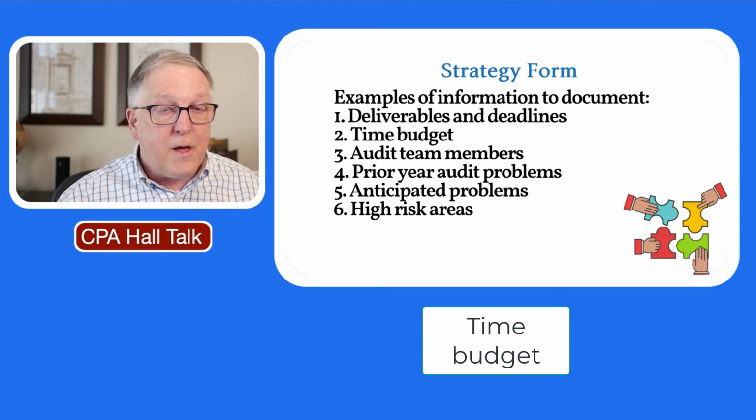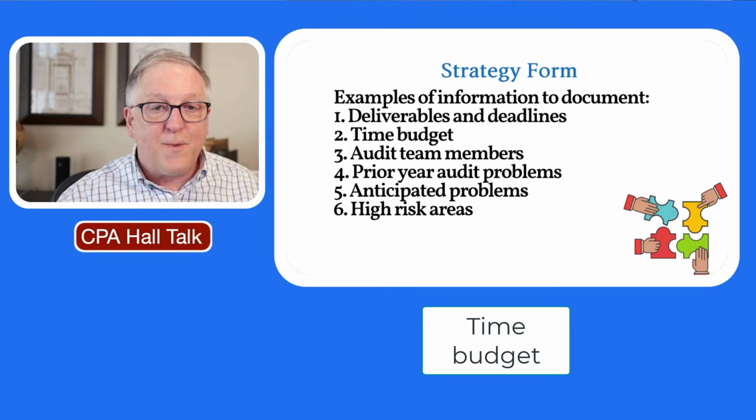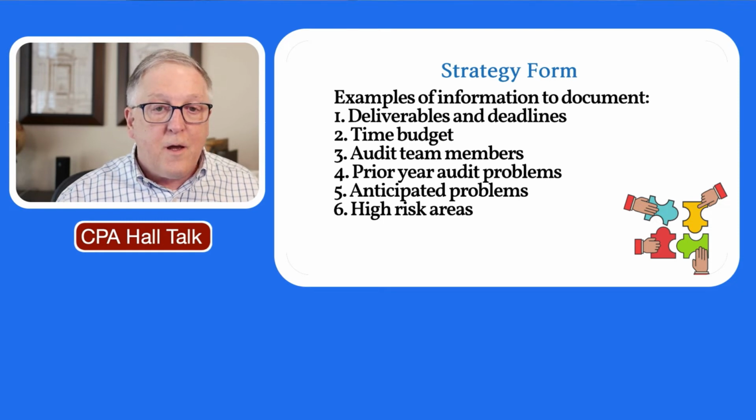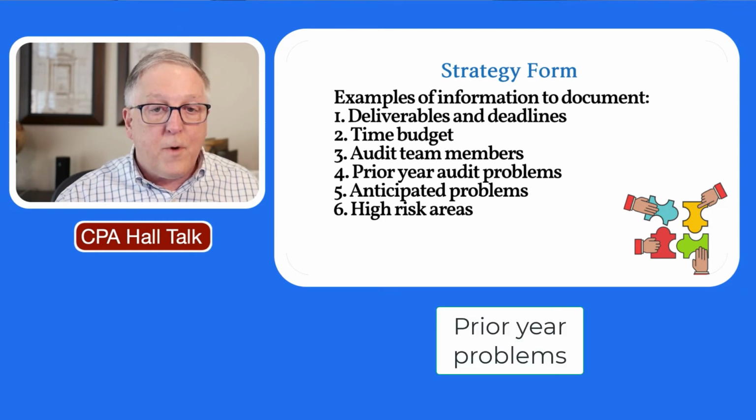So we need to plan for when we're going to perform the engagement and when should we finish the engagement. Number 3, the audit team members. So if you've got a highly complex audit, we want more experienced personnel to respond to that overall financial statement level risk.